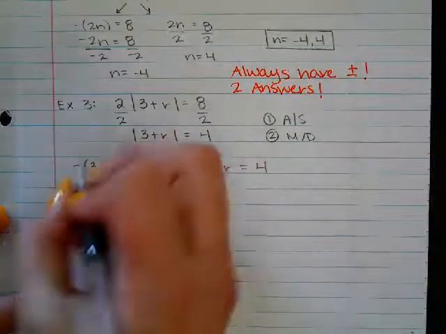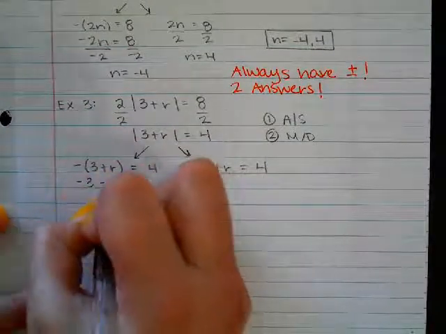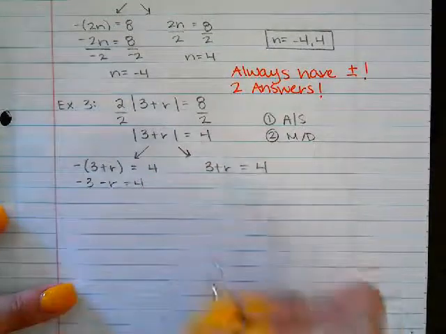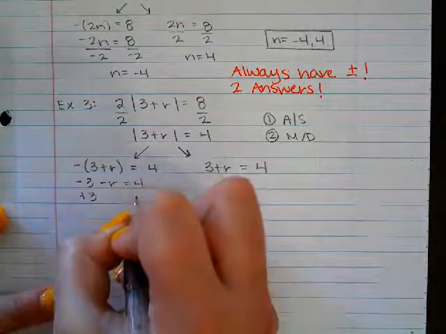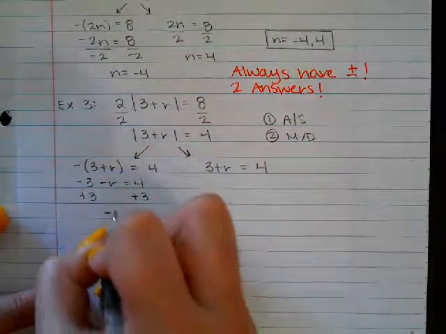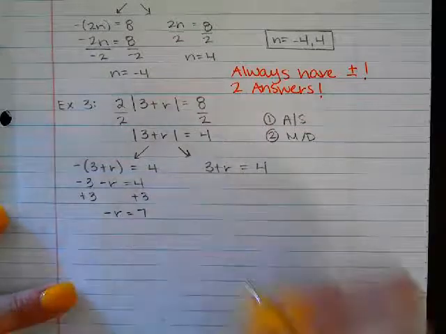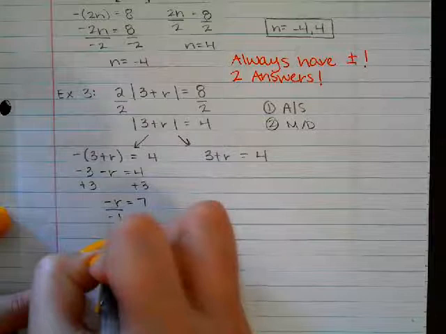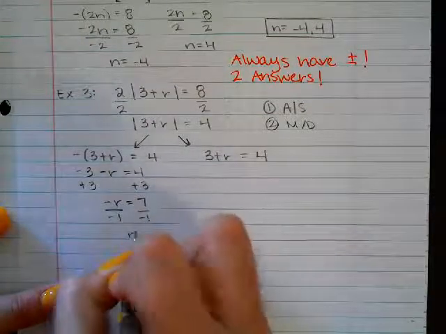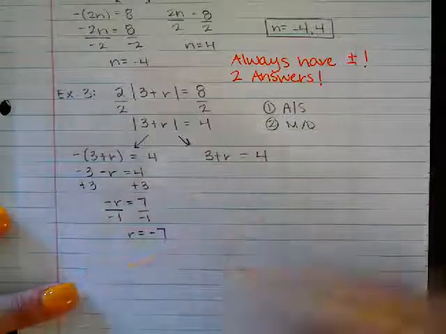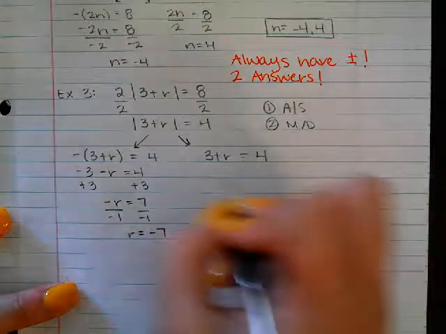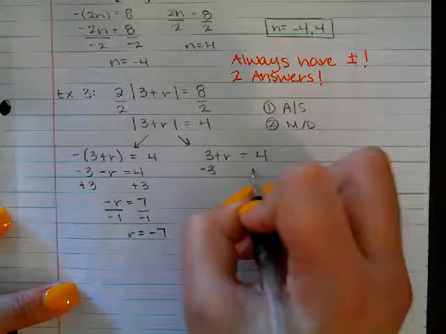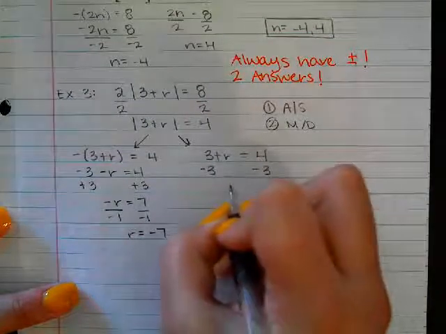So I've got negative 3 minus r equals 4. I can go ahead and add the 3. Negative r equals positive 7. I'll go ahead and divide by a negative 1, and I get r equals negative 7. And then I'll go ahead and subtract the 3. r equals 1.